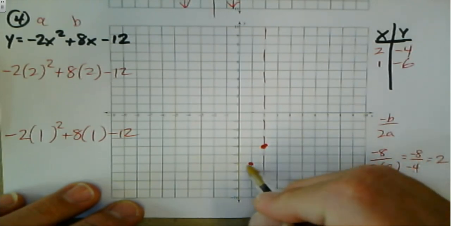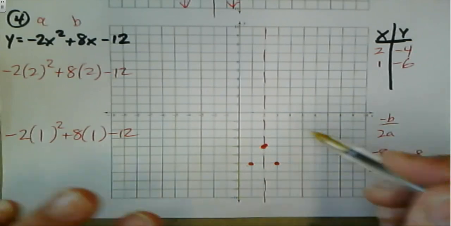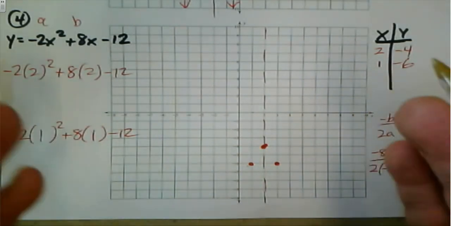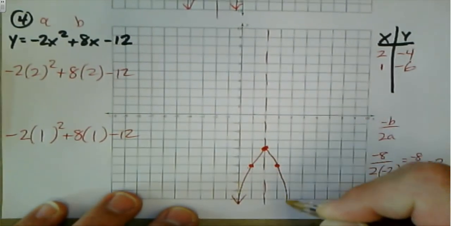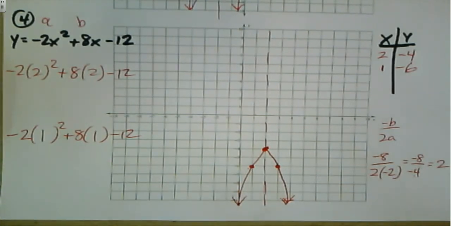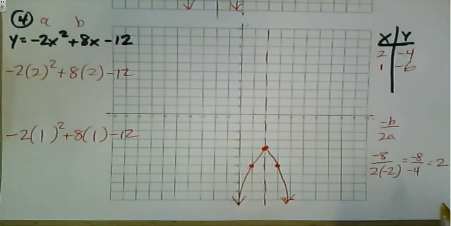We went 1, 2, 1, so we go 1, 2, 1. We come to that vertex and check. It is kind of like a slope, but we don't want to say slope because this is not a straight line. And then we draw our parabola, and this is freehand. You do not use your straight edge because it's freehand. It's a curving line. All right, there you go. If you have any questions, let me know.